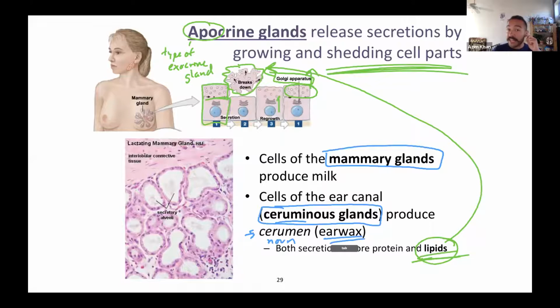So we produce earwax, and wax, if you weren't familiar, is a type of lipid, like beeswax or really any kind of wax. Earwax, the wax we produce in our ears, is sticky so they can catch any stuff that's getting into our ears. We don't want it to go too far. So earwax is also produced as an apocrine secretion. Pieces of the cells are shedding off.